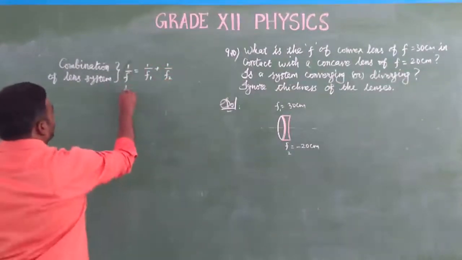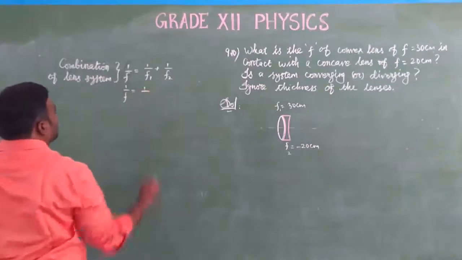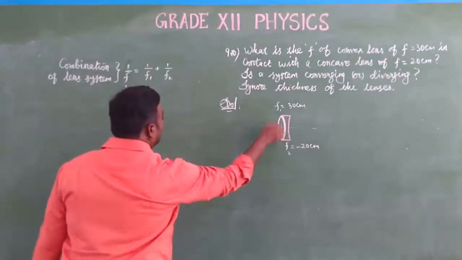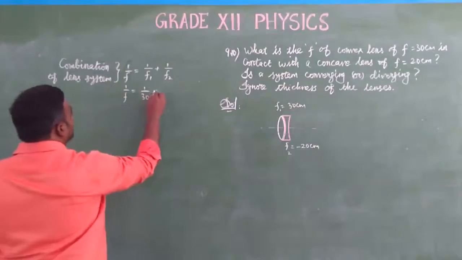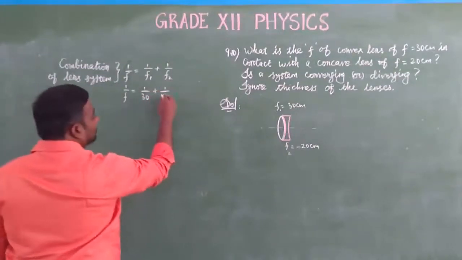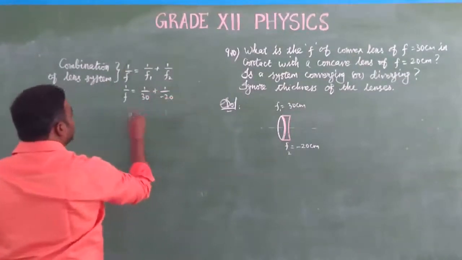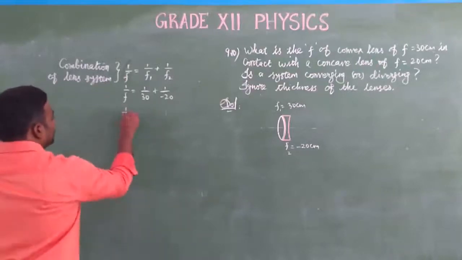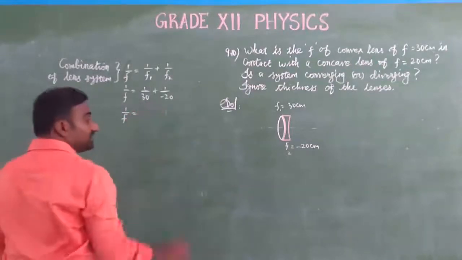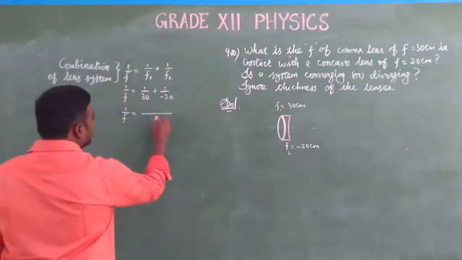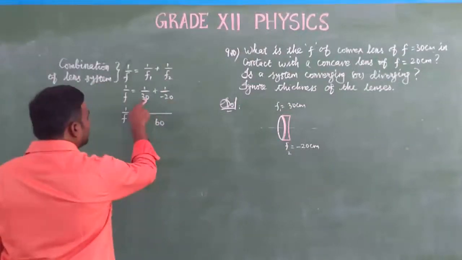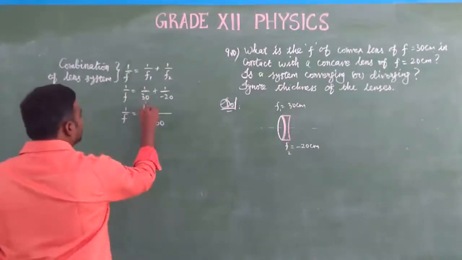So 1 by f is equal to 1 by f1, which is 1 by 30, plus 1 by f2, which is minus 1 by 20. Take the LCM, 60. 1 by f is equal to 1 by 30 minus 1 by 20.